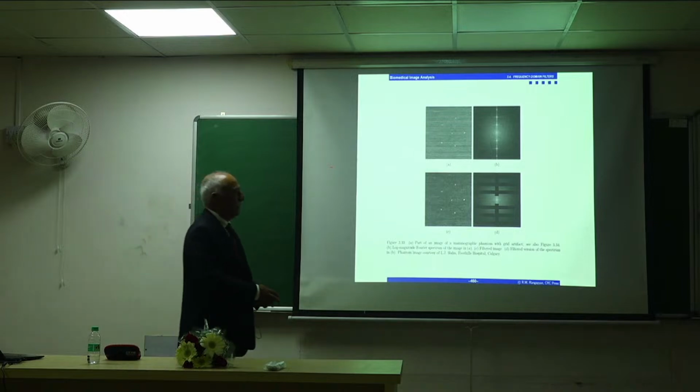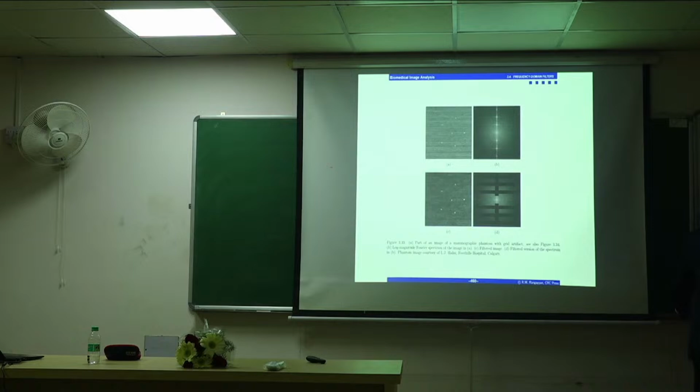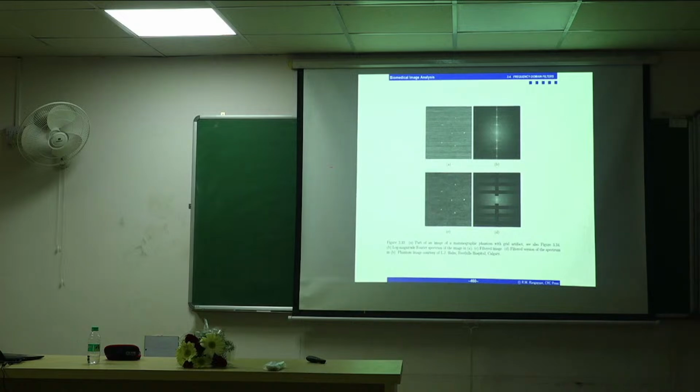So a better filter would have been, if you take a section here, let's say there is some spectrum, and suddenly there is this spike, and then it goes on, and then there is a spike.